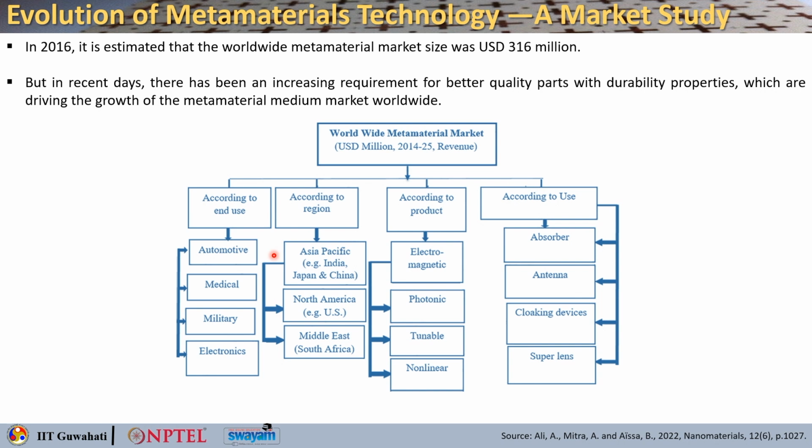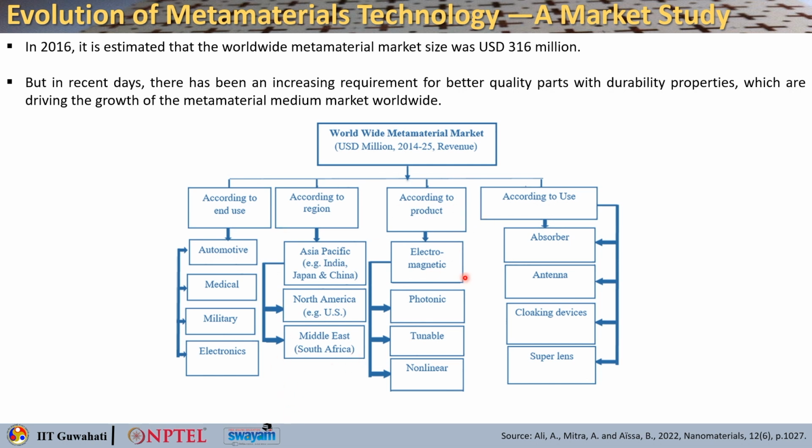So, what do we see? If you consider end use, different sectors like automotive, medical, military and electronics are the domains where metamaterials are used. Region wise, mainly in Asia Pacific, India, Japan, China, North America and also Middle East, South Africa, it has a huge market.